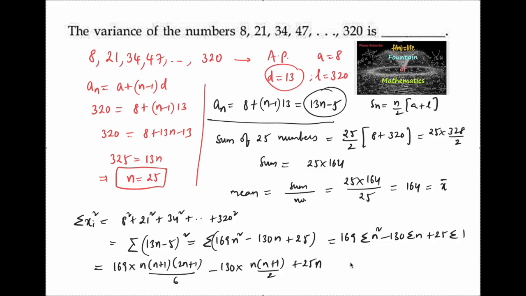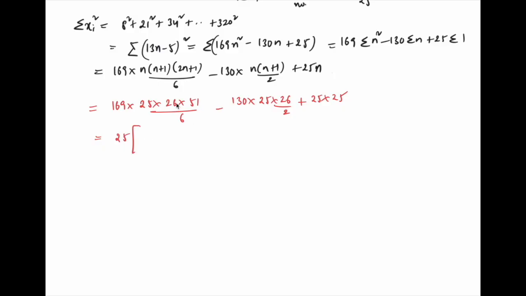Now let us substitute n is equal to 25. We have 169 into 25 into 26 into 51 divided by 6, minus 130 into 25 into 26 by 2, plus 25 into 25. So we can take 25 common.